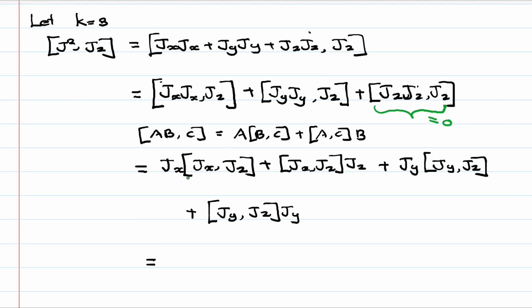The commutator of jx and jz is minus i h cross jy. We know that the commutator of jy and jz is i h cross jx.